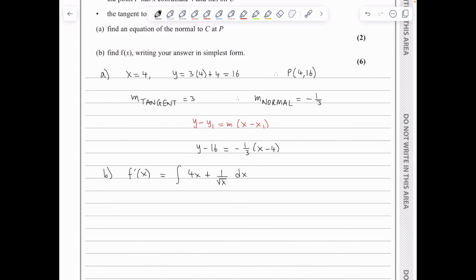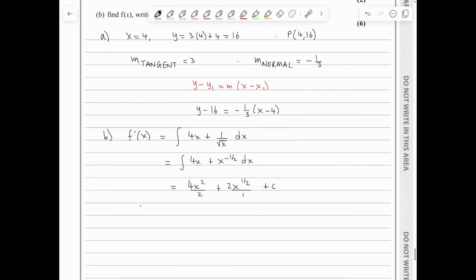I will write this in index form, so it's the integral of 4x plus x to the minus a half dx. Remember, in integration, we increase the power by 1 and divide by the new power. So this will lead to 4x squared over 2 plus x to the half over a half plus c. So we have that f dash of x is equal to 2x squared plus 2x to the half plus c.